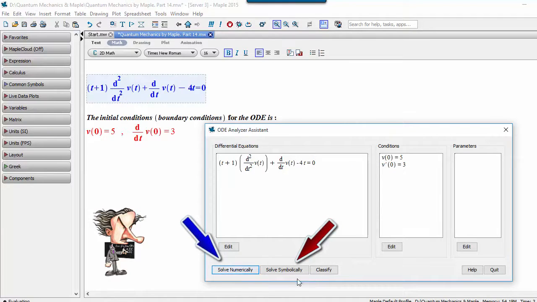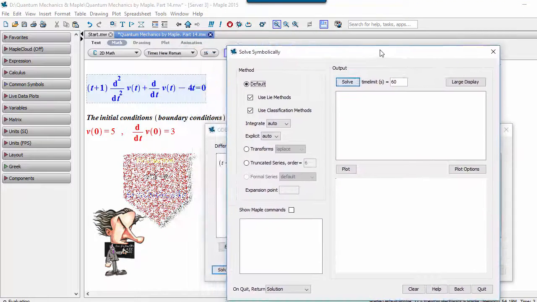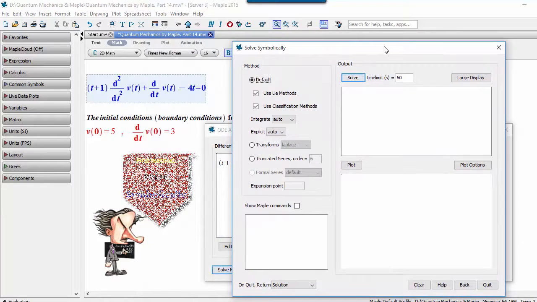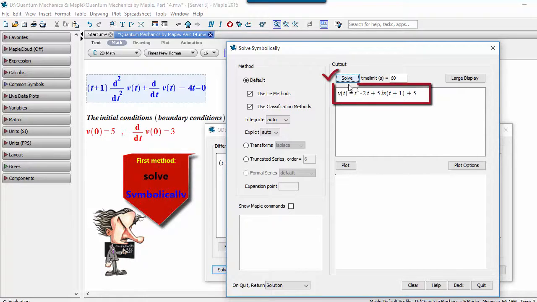At first, let's solve the ordinary differential equations with boundary conditions symbolically. So, Maple solves the ordinary differential equations with boundary conditions symbolically.